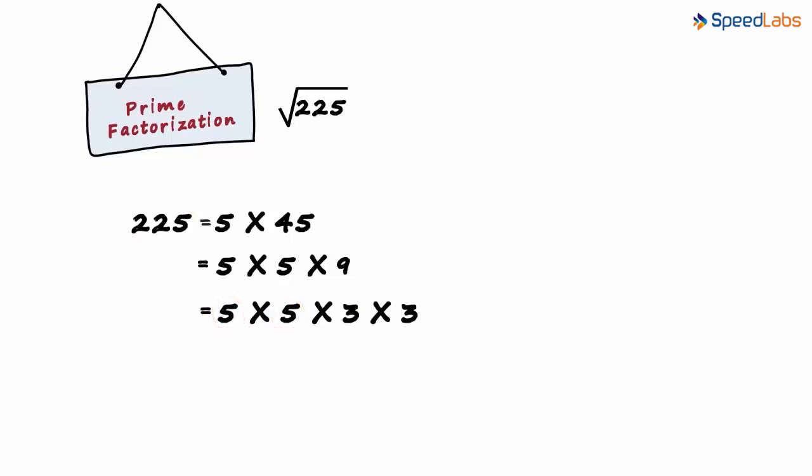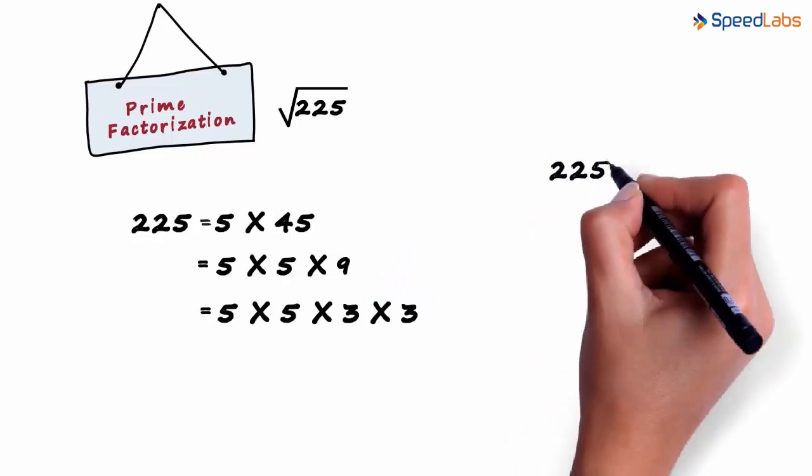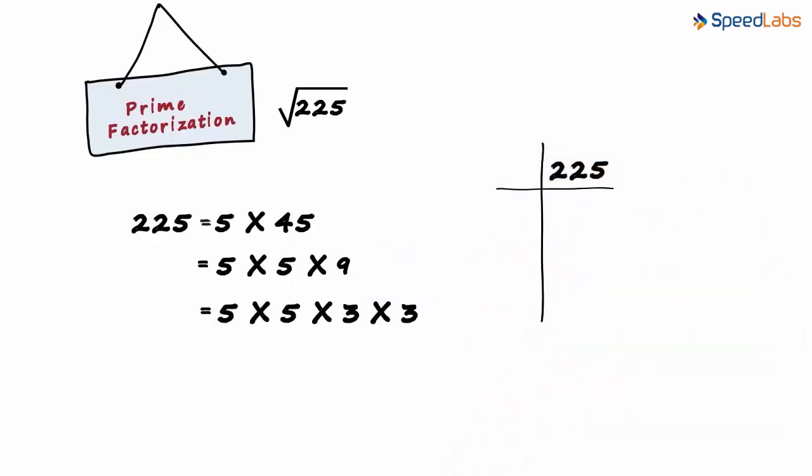This was simple, but is it the quickest way? No. Let's look at a quicker way. We write 225 like this and draw two lines here, like this. 225 is divisible by 5, so we write a 5 here. We just write the prime factors in this column. 5 multiplied by 45 gives us 225. 45 is not prime.